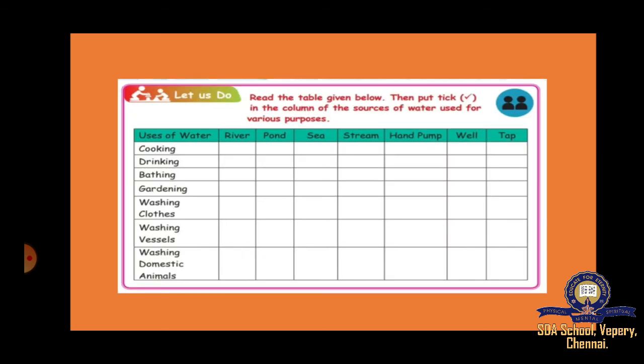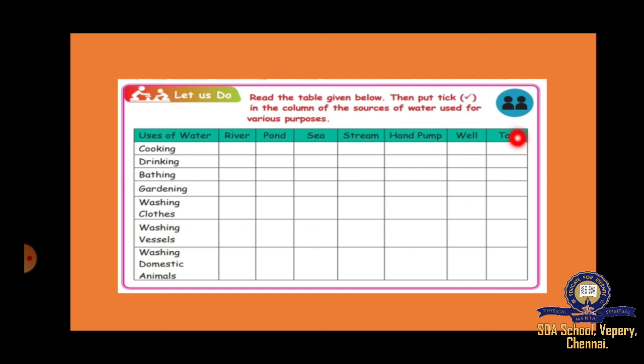Okay. Next thing is, read the table given below. Then put a tick in the column of the sources of water used for various purposes. These are the uses of water: cooking, drinking, bathing, gardening, washing clothes, washing vessels, domestic animals. These are the different sources: river, pond, sea, stream, hand pump, well, tap.